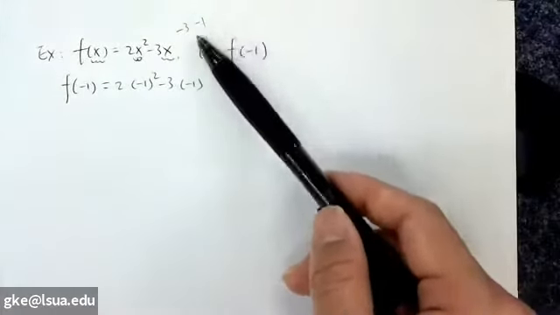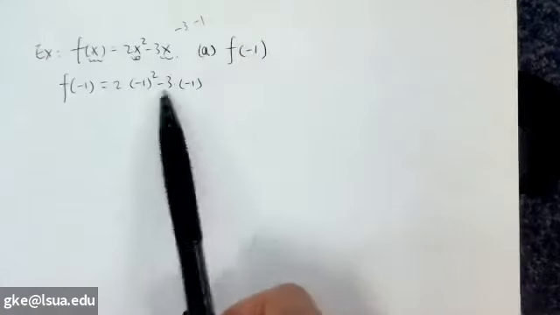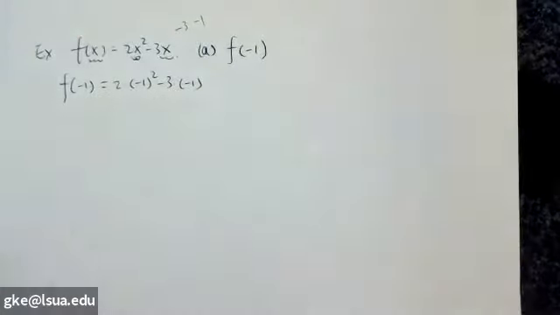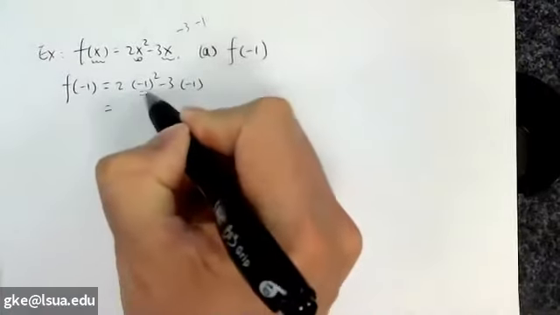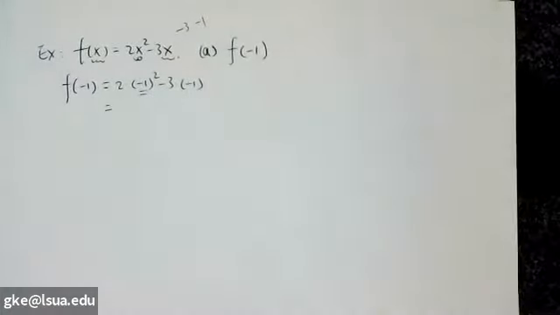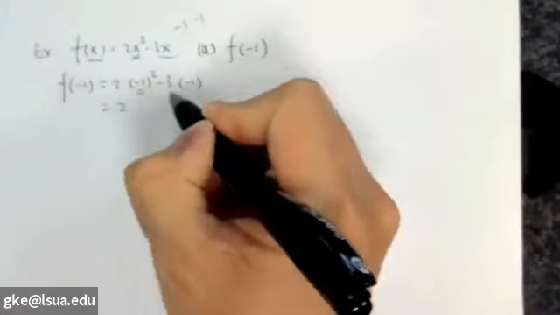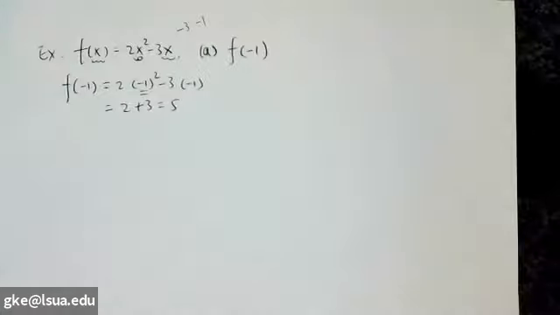So use the parentheses, which helps you understand that it is multiplication, -3 times -1. So -1 times -1 is 1, and -3 times -1 is 3. That is fine.